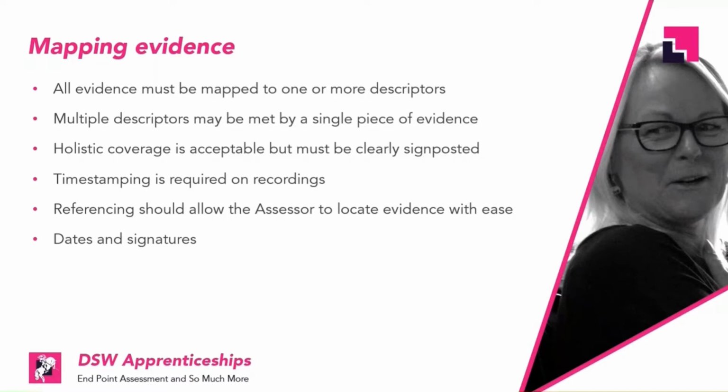And I think what's really key to remember is that just saying a piece of evidence meets the descriptor isn't really mapping and isn't going to help the assessor to build a picture of that apprentice. So put yourself in the assessor's shoes and make it clear which piece of evidence meets the descriptor. Tell them how it does, tell them where they can find it.